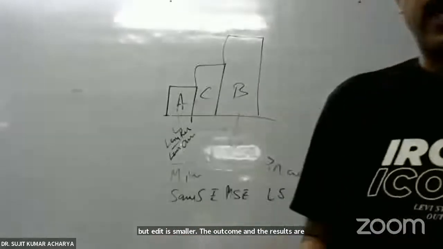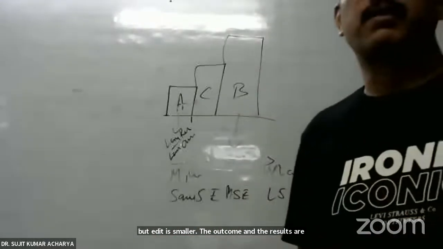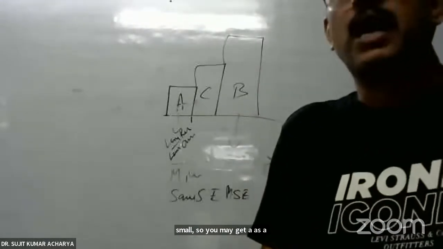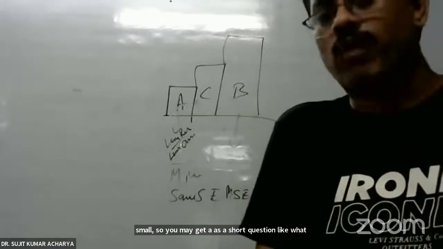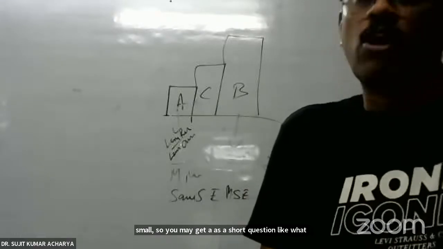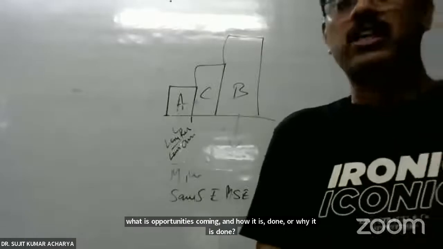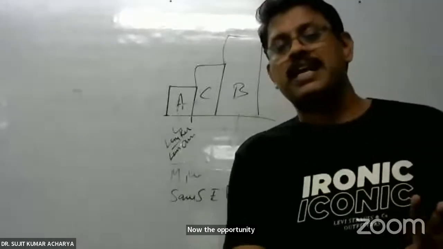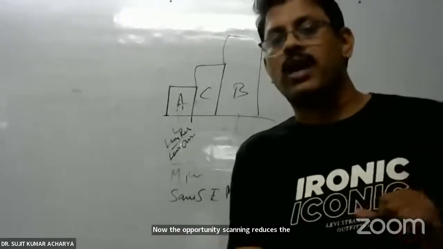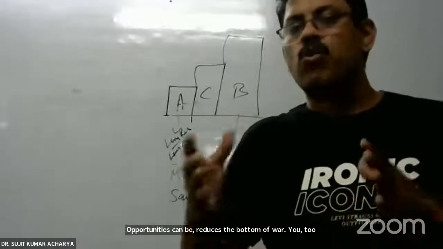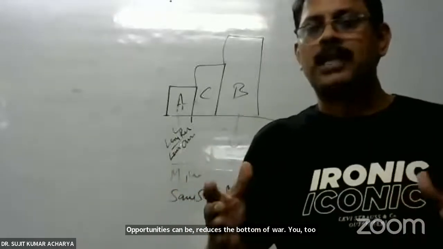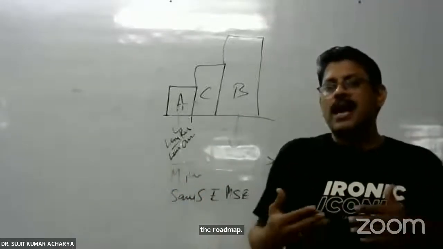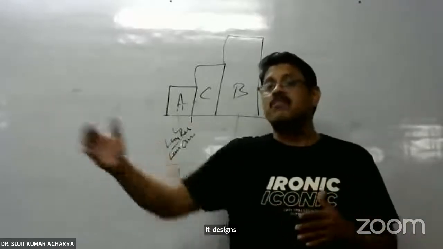So you may get a short question like what is opportunity scanning and how it is done or why it is done. Now, the opportunity scanning reduces the risk factor. Opportunity scanning reduces the burden of work. It shows the roadmap. It designs a path, and it always identifies the destination in advance.